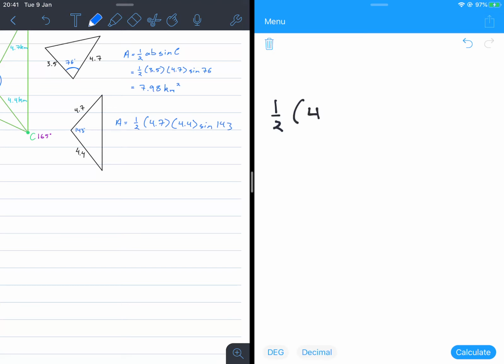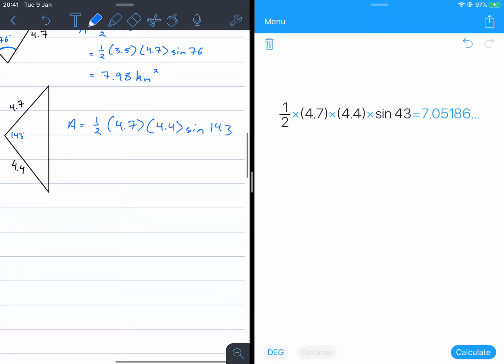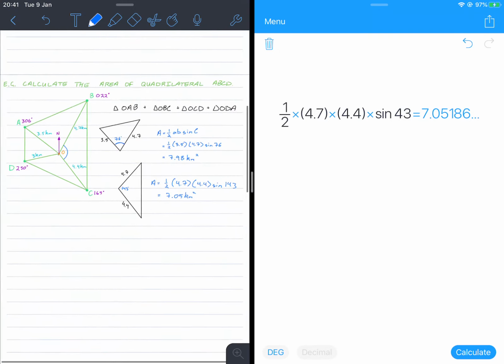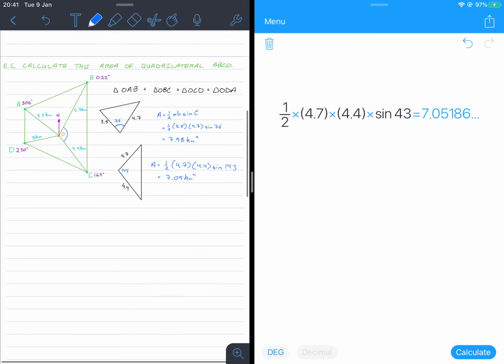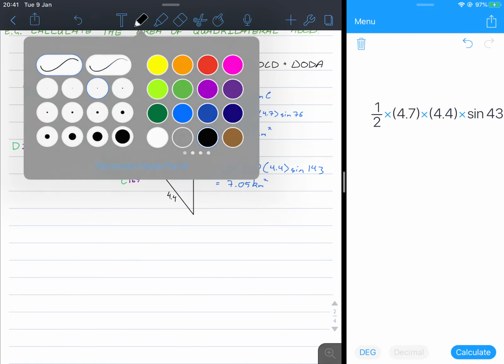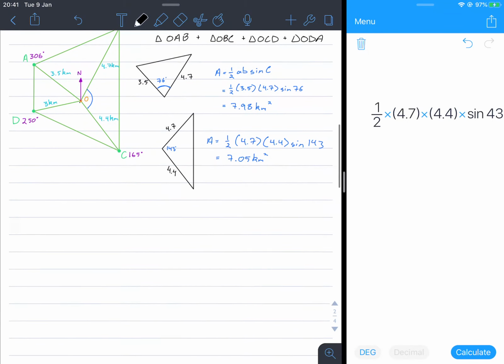That gives me 7.05 kilometers squared. Rounding again to 2 decimal places, and this will continue, and I will just finalize the remaining 2 triangles. You can pause the video and fast forward at any point so you can check your solution.